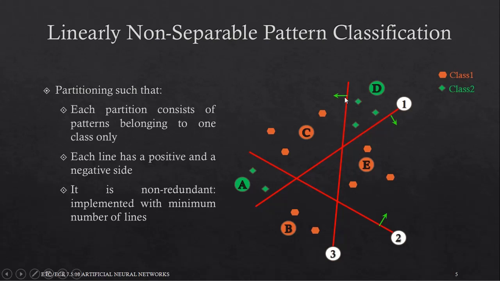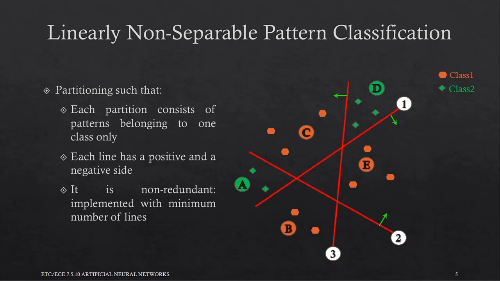Let us call these compartments A, B, C, D and E. The arrows show that each line has a positive and a negative side. Also, this partitioning is non-redundant, meaning it is implemented with minimum number of lines. The lesser the number of lines, obviously the lesser the number of TLUs. We want a smaller neural network. We don't want to use a large number of TLUs.